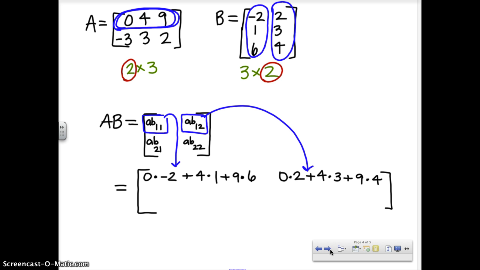I just want to draw your attention to it. As we look at this one, this 0 right here times this 2. This 4 times 3 and 9 times 4. So as we went all the way across here, each multiplication step comes from each individual piece of this row multiplied with each individual piece of the column. Okay? So AB21.